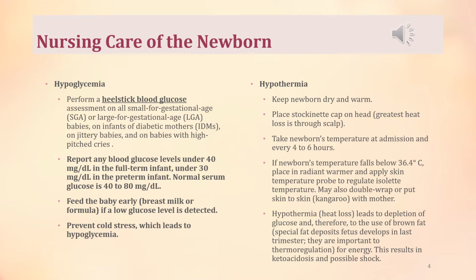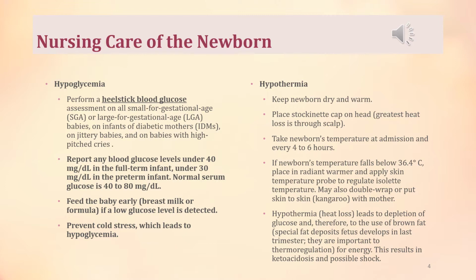Okay, so when we're talking about hypoglycemia in babies, number one, we cannot poke babies' fingers, okay, because they're very, very tiny. We can destroy those nerve endings, so we actually use their heels. So we do a heel stick blood glucose. We'll do those on any babies that are SGA or LGA.